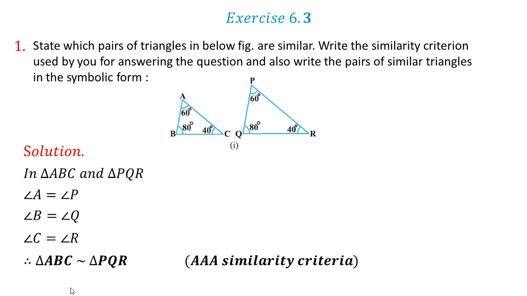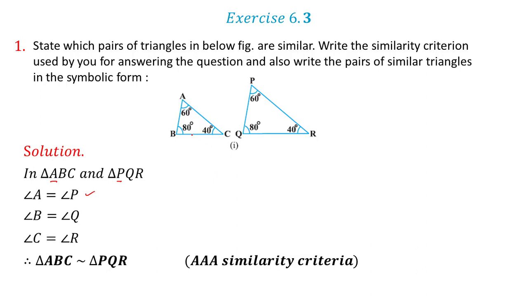Now, if we see these two triangles, that is triangle ABC and triangle PQR, first of all, try to name the triangles in their proper correspondence. If you find that they are similar, angle A is 60, angle P is 60. So angle A and P are equal and I have given them in the first position.